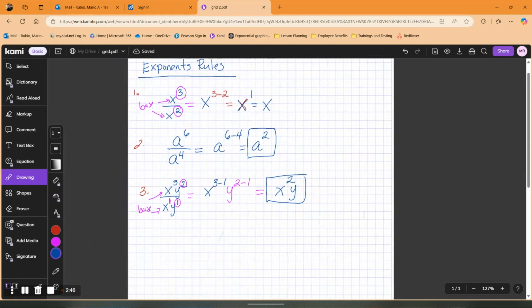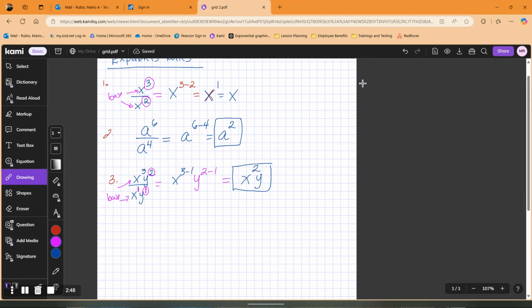If you ever get a case where you get, let's say, x to the power of 2 divided by x to the power of 3, you get x: 2 minus 3 gives you a negative. So you have x to the negative 1, which is technically correct, but we don't like to have negatives in the exponent, so we rewrite that as 1 divided by x to the power of 1.